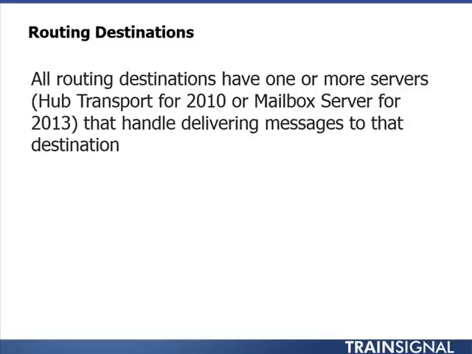And so we mentioned both because you might have a mixed environment, especially as you're transitioning from the 2010 over to the 2013 side. And so you have these different servers that handle delivering messages to that routing destination. Now you might say, well, how do we know which server is handling the actual flow of things here?